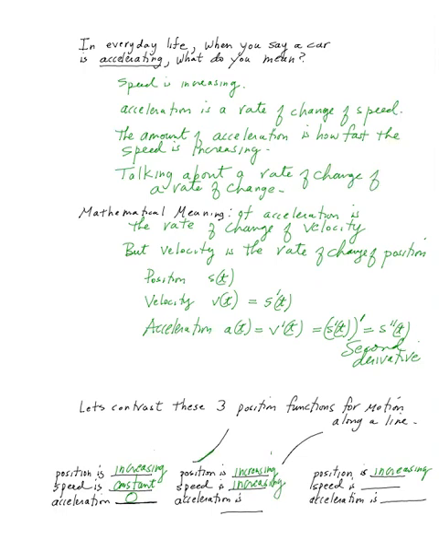Because notice the tangent lines are getting steeper and steeper. The tangent line right here at this point is steeper than the tangent line at this point. The tangent line here has a greater slope than the tangent line at this point.